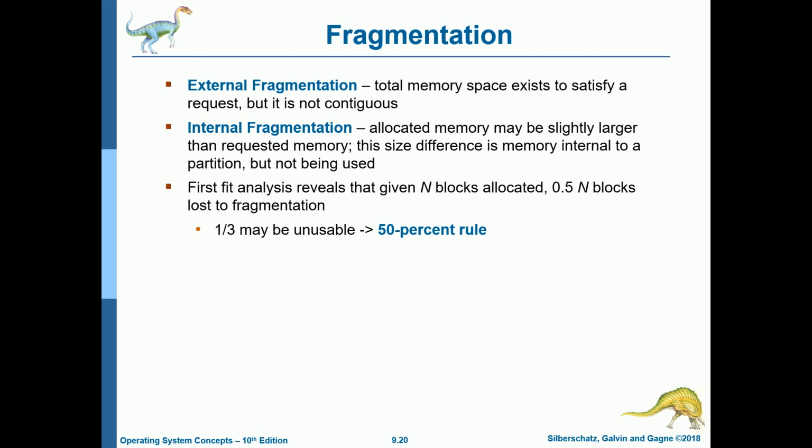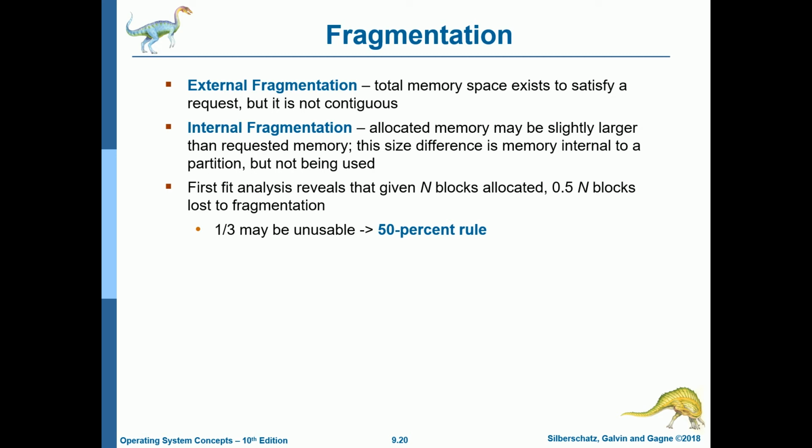Storage is then fragmented into a large number of smaller holes. This fragmentation problem can be severe. In the worst case, we can have a block of free or wasted memory between every 2 processes. If all of these small pieces of memory were in one big block instead, we might be able to run several more processes.